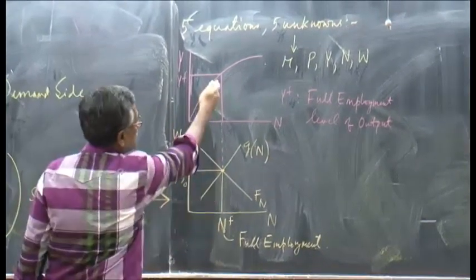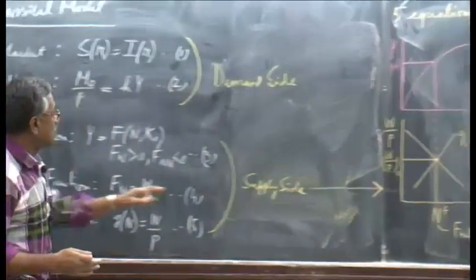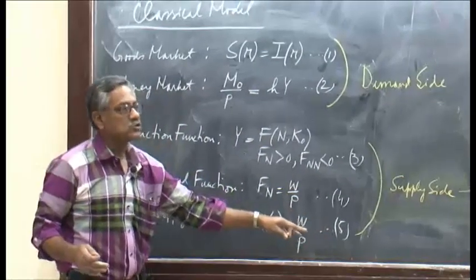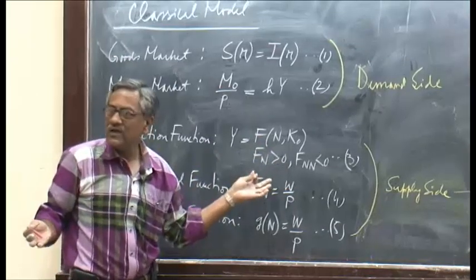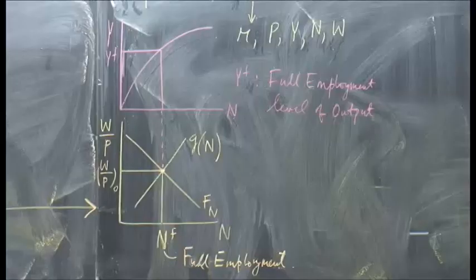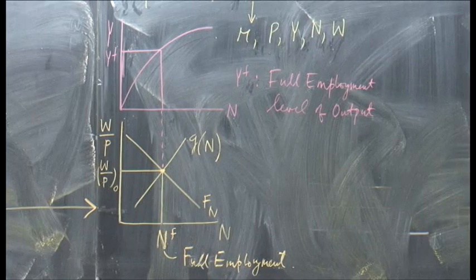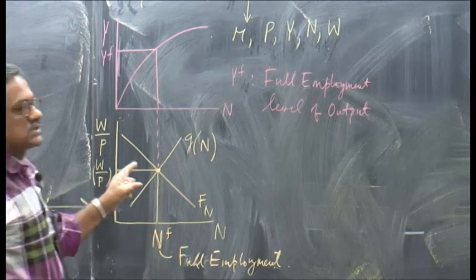So I go to the production function, get YF. When 4 and 5 have been used, go to 3 and solve for Y, because you have the N value. This is very important, this diagram to be seen.